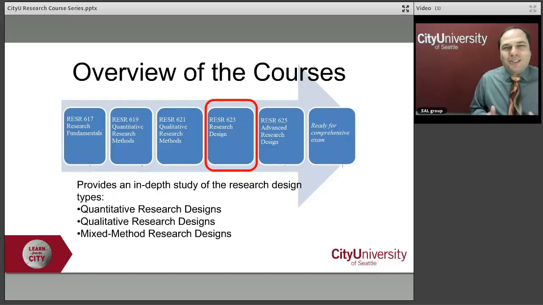So you need this critical understanding in order to have the best insight as to what you will propose when you get to your dissertation.